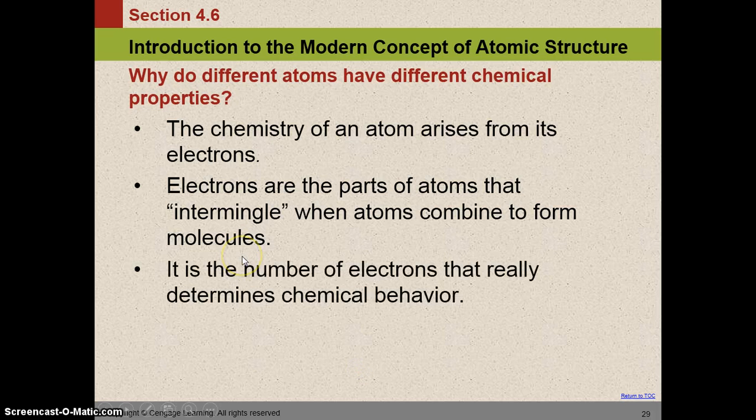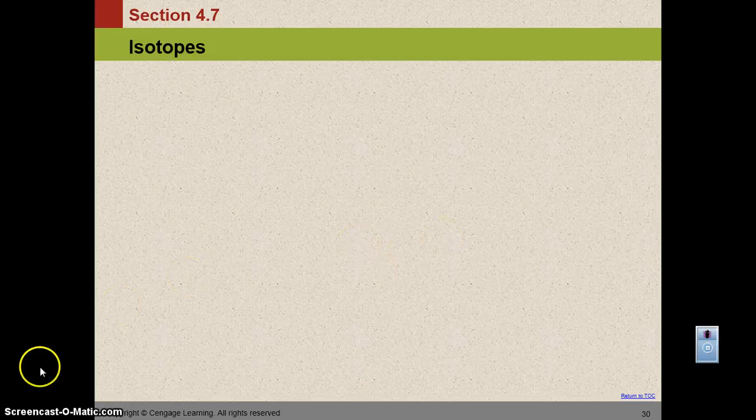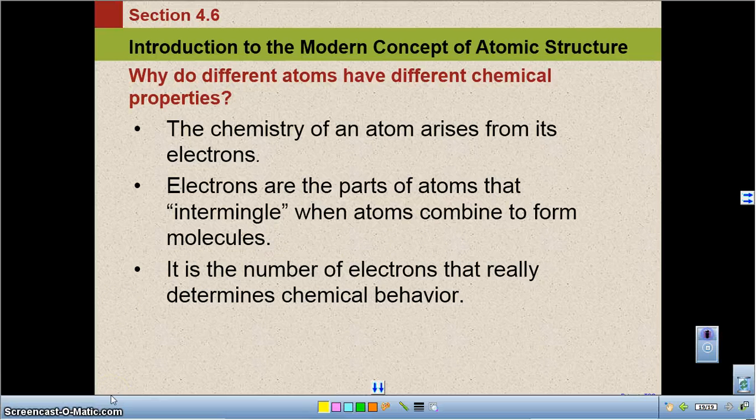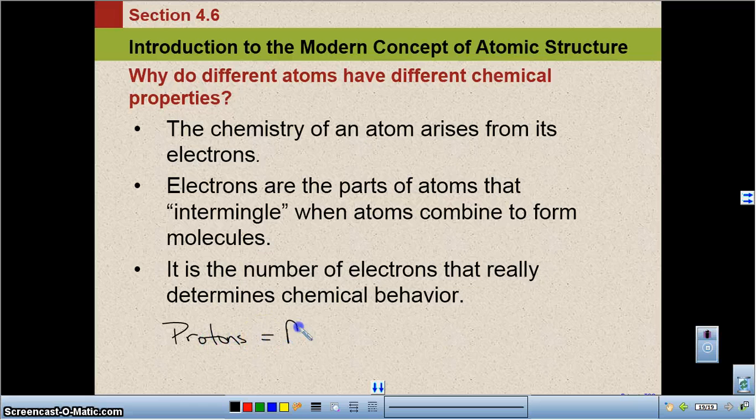We'll talk more about this later, but while the electrons are what determine the chemical behavior of an atom, the protons are, I'll write this down here, the personality of the atom. We don't change the number of protons without changing the complete atom.